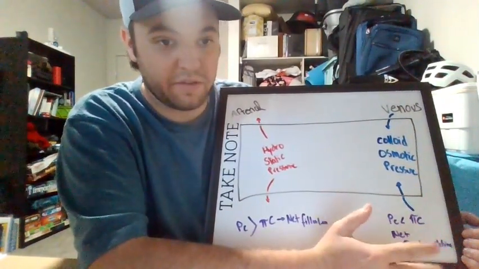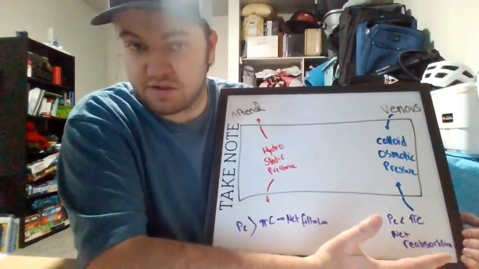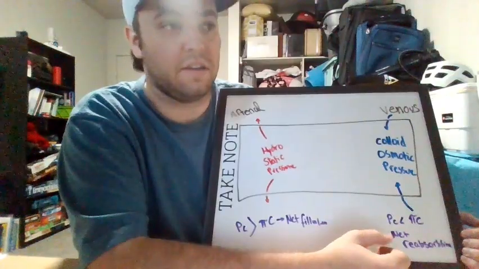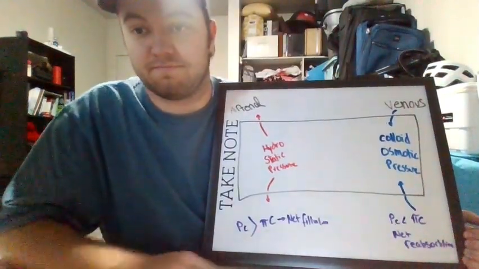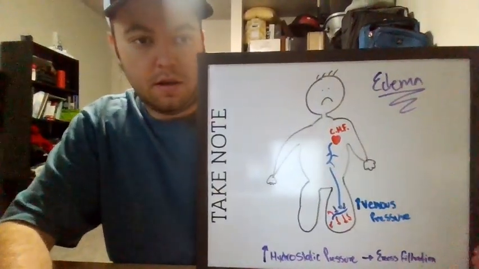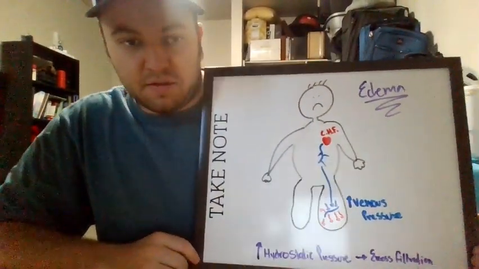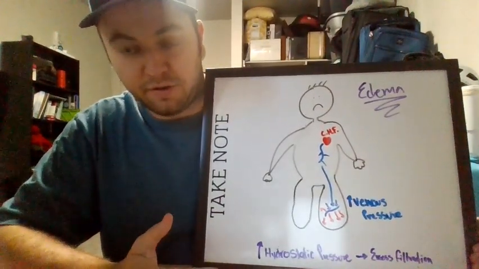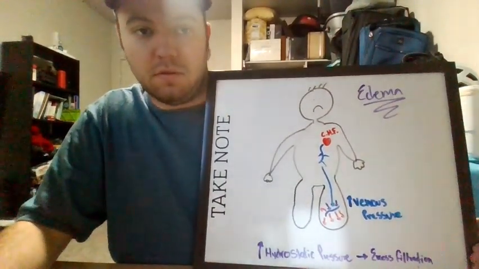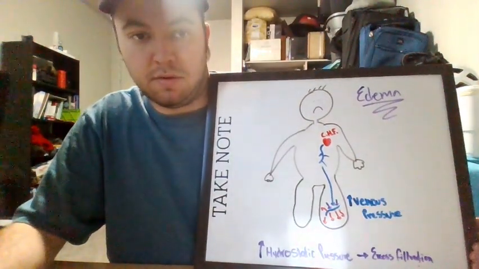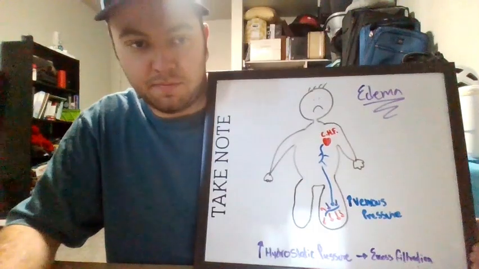So this balance ensures tissues get nutrients and stay hydrated without accumulating excess fluid. Right, so edema happens when this balance of capillary fluid movement is disrupted.